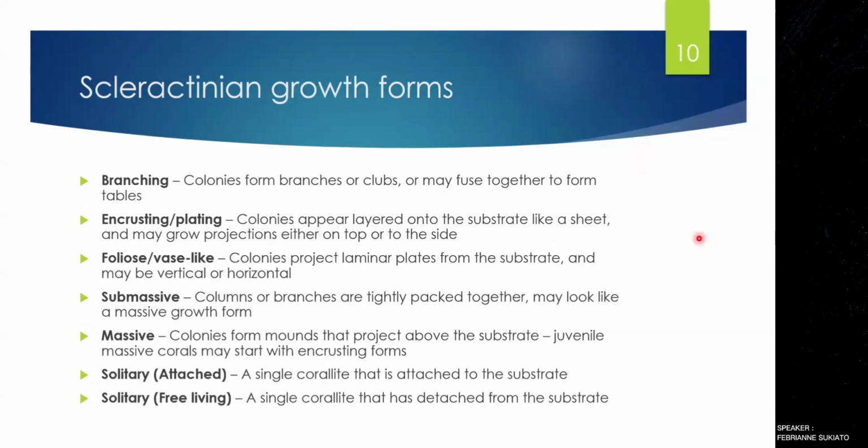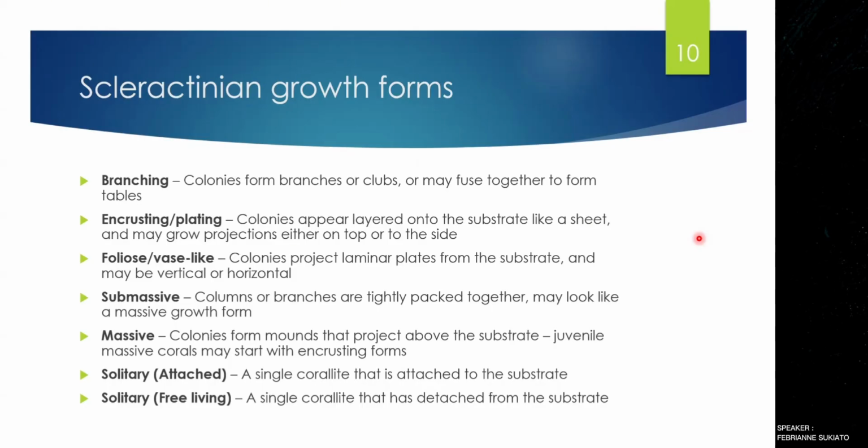So when we're talking about coral identification, it's quite important to look at the growth forms as well. Some of you might be more familiar with this, but we generally describe how the colony looks. So for this guide, I use branching, which means staghorn type, and crusting and plating, which looks like a sheet on top of the substrate.